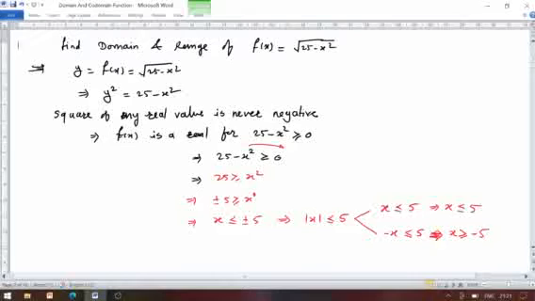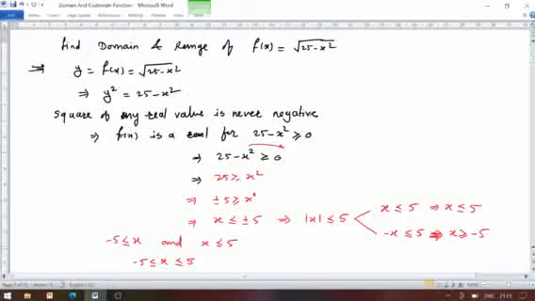So there are two conditions on the variable x: x is less equal 5, and x should be greater equal minus 5. If we combine both inequations, we get x greater equal minus 5 and less equal 5.